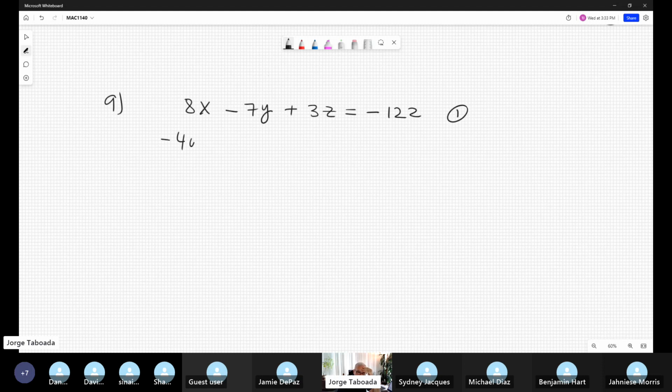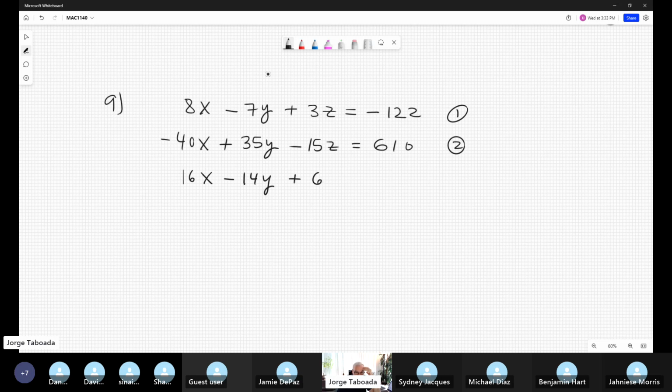Minus 40x plus 35y minus 15z equal 610. Equation 2. Don't be scared with the numbers because the software manipulates this perfectly. The last equation is 16x minus 14y plus 6z equal minus 244.